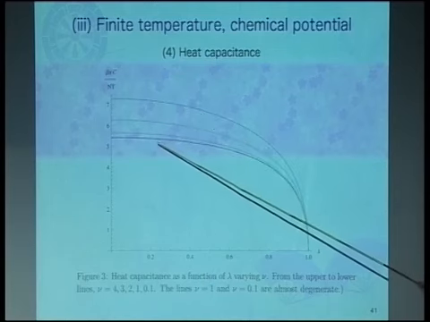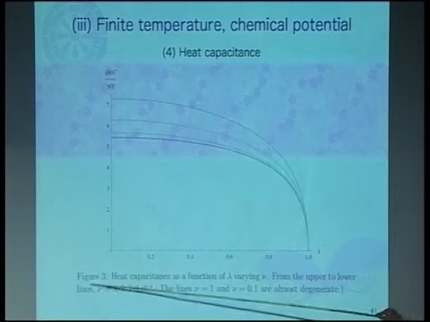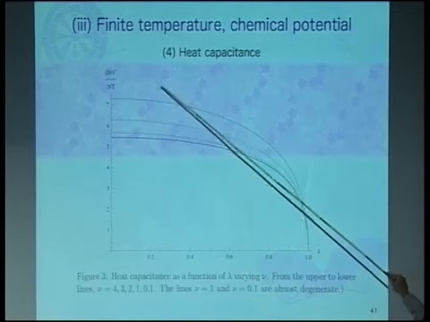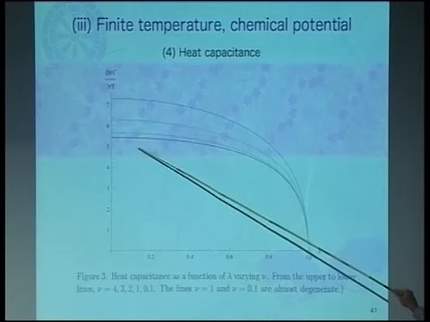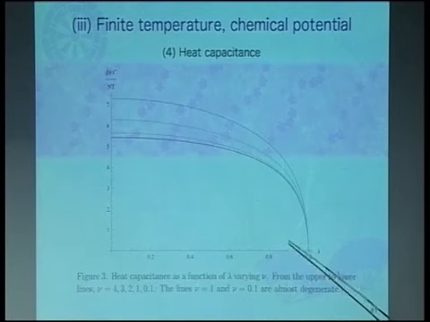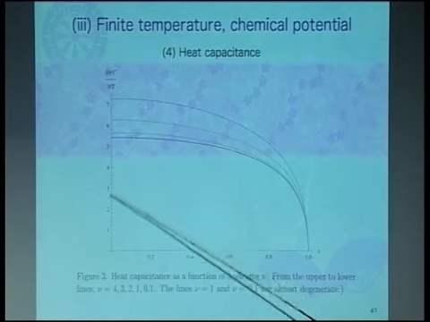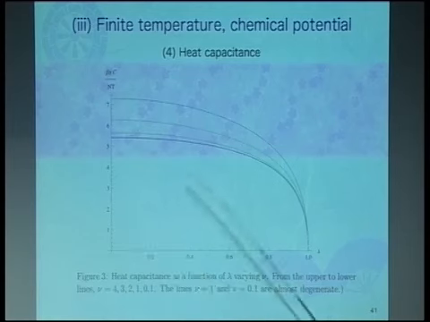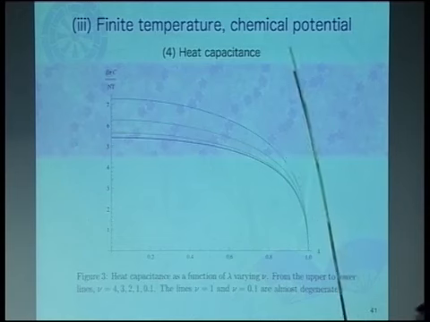Here I change the chemical potential mu to 4, 3, 2, 1. At lambda equal to 1, this heat capacity C vanishes, which means some degrees of freedom of large N disappear at lambda equal to 1.